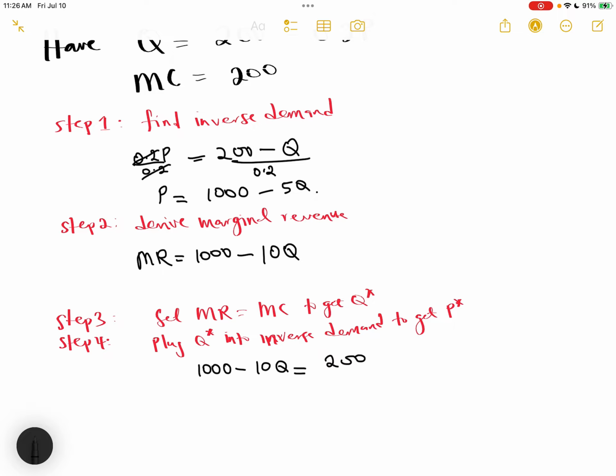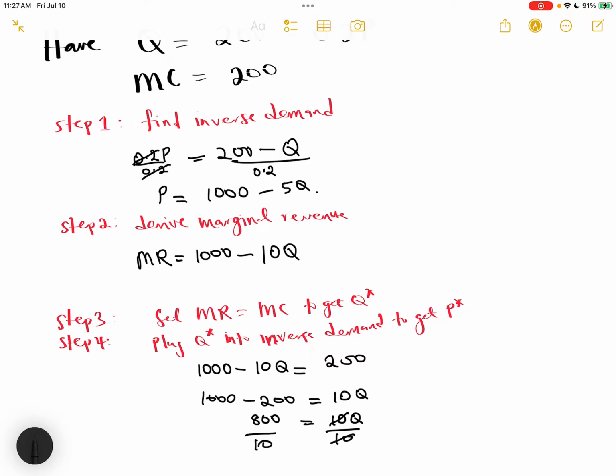To make Q the subject, how about we subtract 200 from both sides, right? So 1,000 minus 200, and we add 10Q to both sides. This will be 800. On the left hand side, you will have 800 equal to 10Q on the right hand side. Divide through by 10.